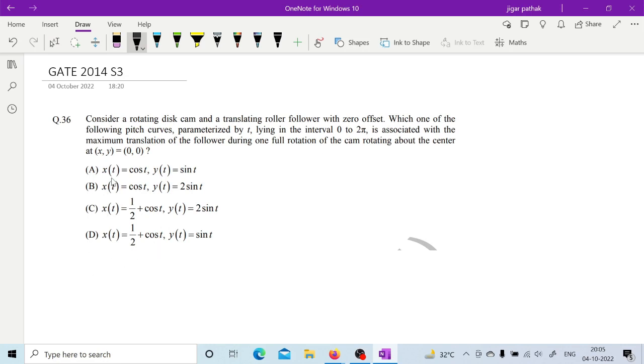Basically here x and y motion are parameterized with t. So t is a parameter according to which x and y motion of a follower is varying. The maximum motion will be given by, let us say, d is under root x square plus y square. As I have given you the hint, you can try and tell me what is the answer of this particular question.